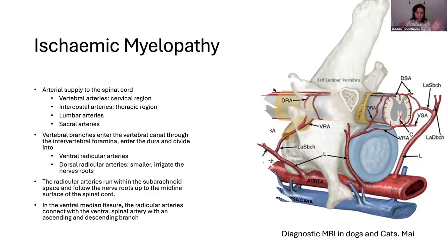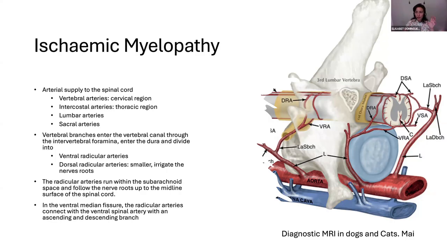From these major vessels, we will have some vertebral branches that will enter the vertebral canal through the intervertebral foramina. Those branches will enter the dura mater and will divide into ventral radicular arteries and then some smaller dorsal radicular arteries that will mainly irrigate the nerve roots.